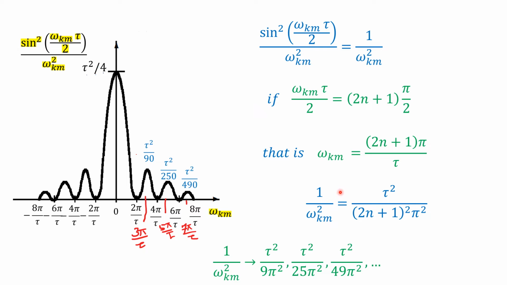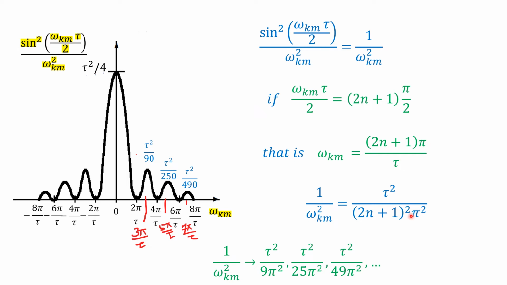Then the sine argument is 1, so this ratio becomes 1 over omega km squared. You take the inverse and square it, which will be equal to tau squared divided by 2n plus 1 whole squared times pi squared.